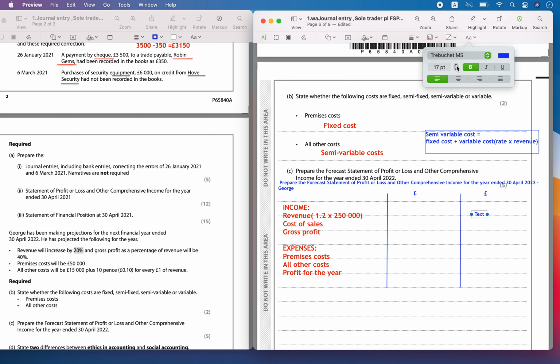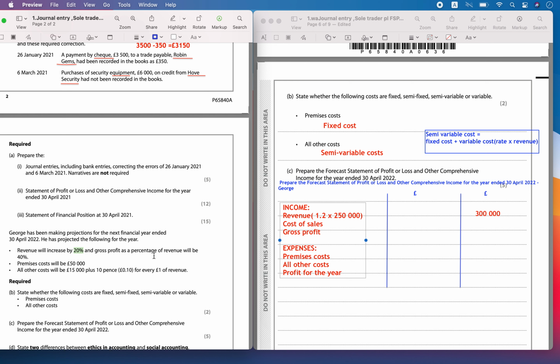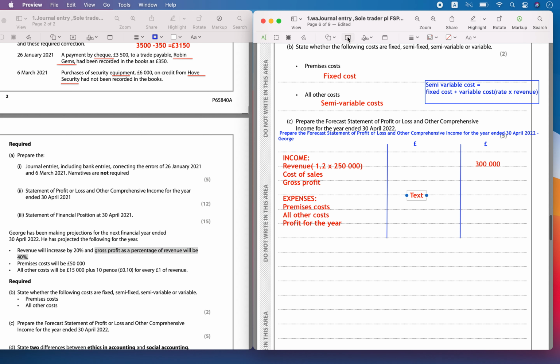So the projected revenue is going to be around 300,000.